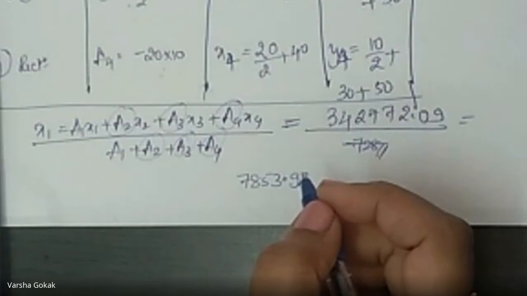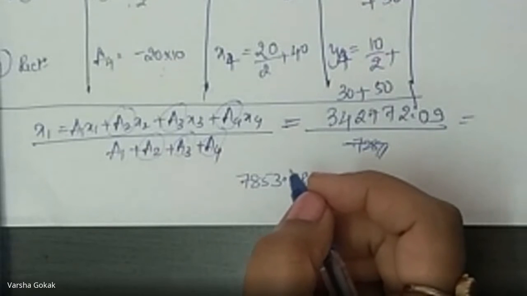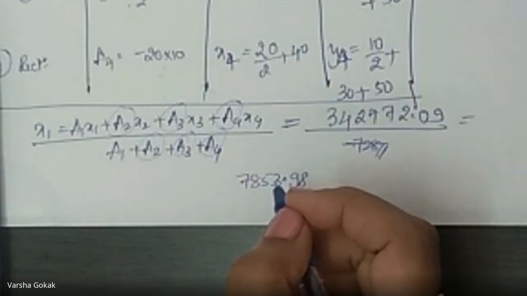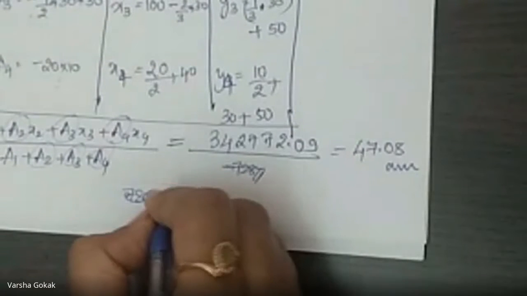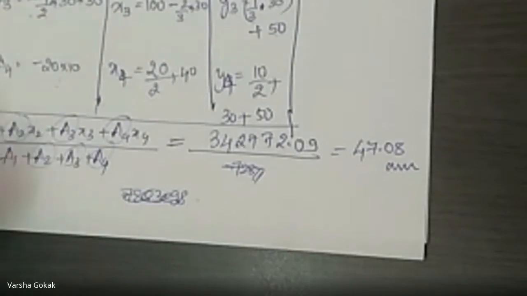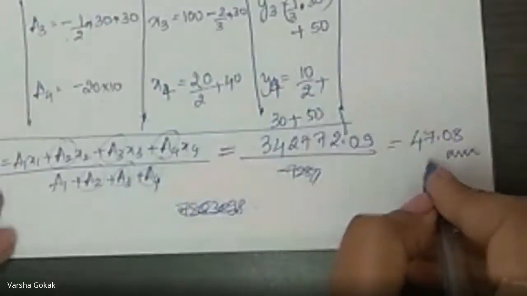Almost 470. Come again. 47 something, it must be in the 40s. 47.08. I've changed one. 47.08, yes. Correct. Right. Okay, so this is your x bar.